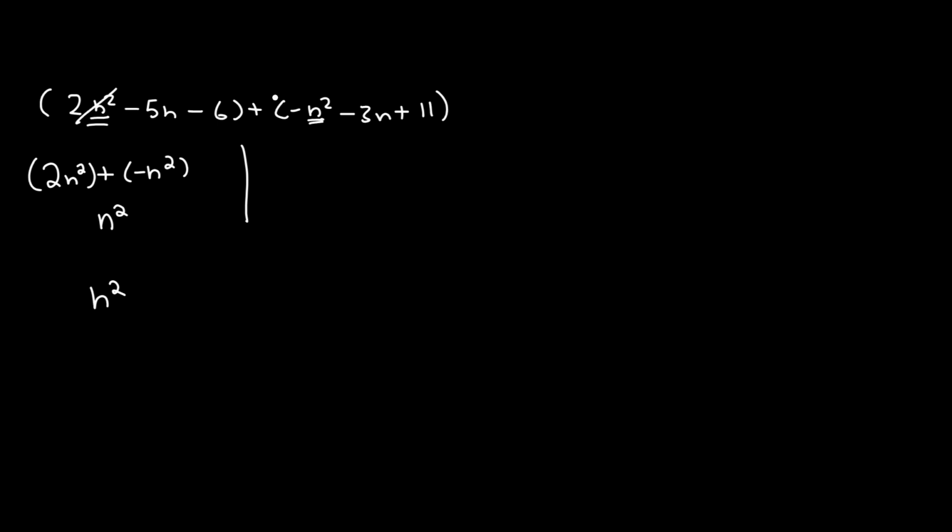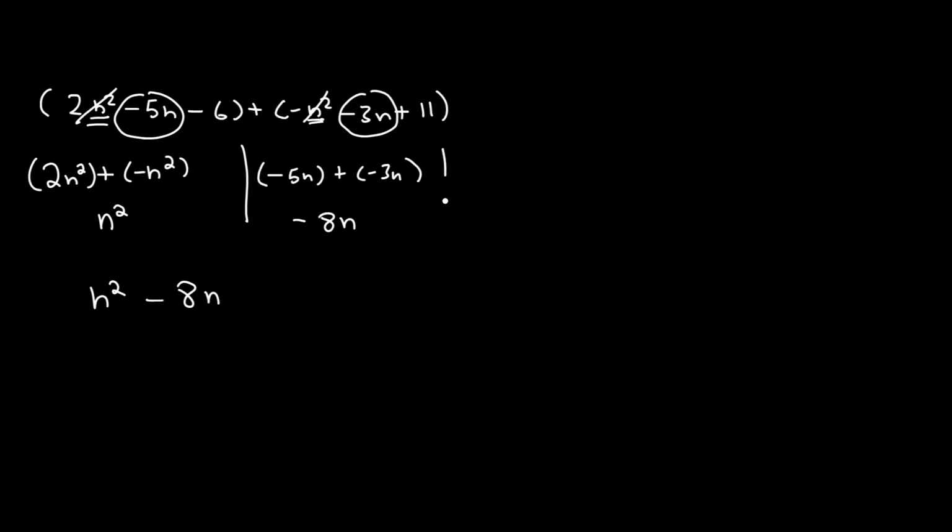And now let's group this one and this one. They have the same degree, so we can group them. So we'll have negative 5n plus negative 3n. We're adding two negative numbers, so that will be negative 8n. So let's write it over here.